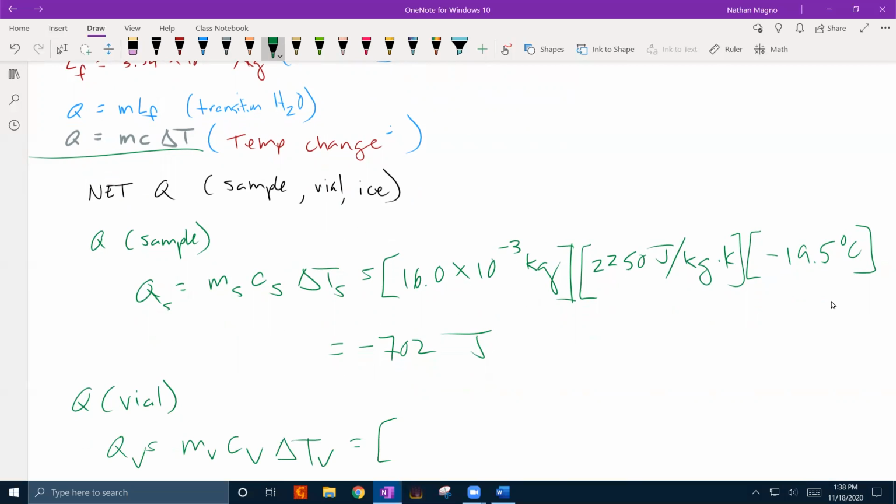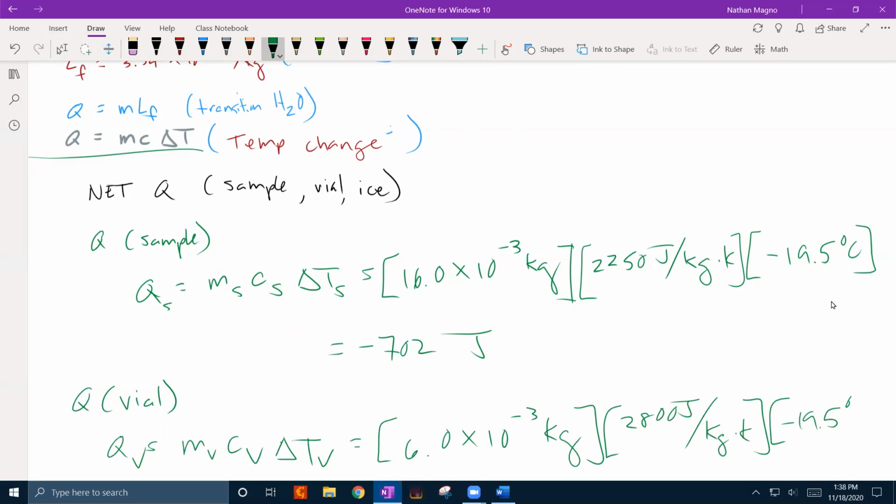Plugging in our numbers. So the vial weighs 6 grams. Put this in SI units. Specific heat of the vial is given. And 19.5.